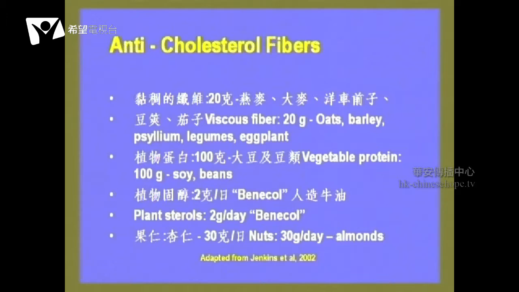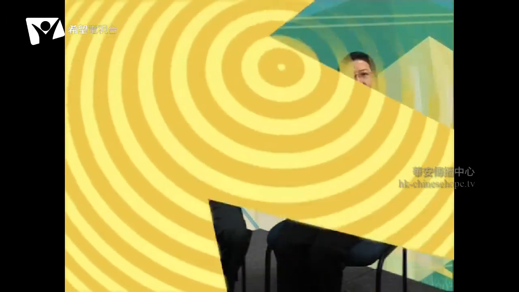And another type of vegetable fat is nuts, which are very good, in this case almonds, to drop blood cholesterol.